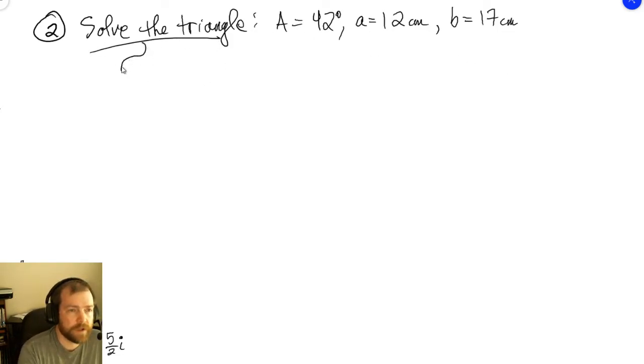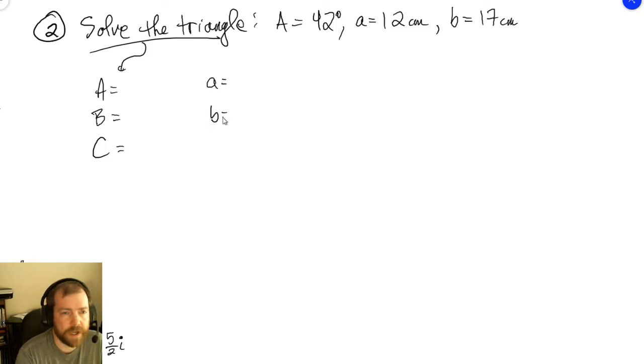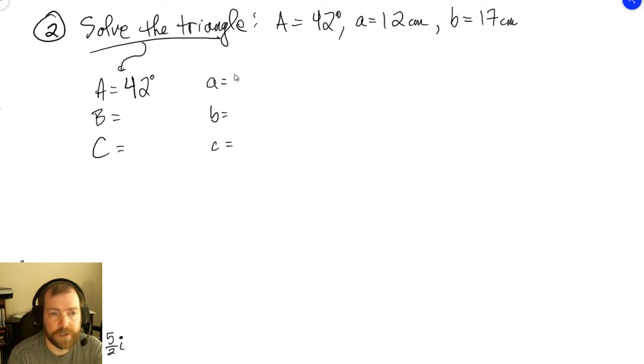For the question, solve the triangle, what I'm really looking for is that we have all A, B, and C, both angles and side lengths, as found. So A is given as 42 degrees, lowercase a is given as 12 centimeters. Side b is given as 17 centimeters. That's all the information we have.